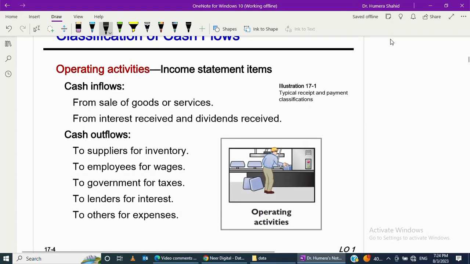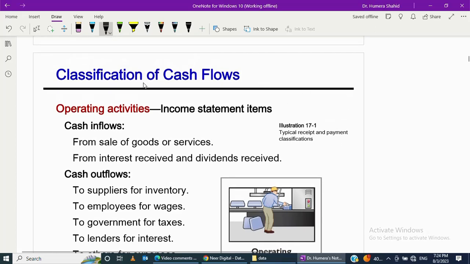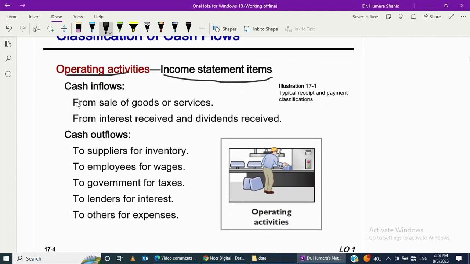So basically your classification of cash flow means how many sections of the cash flow you have. You have firstly the operating activity section. Mostly the income statement items help you, but for support you need current assets and current liabilities as well. Now let me tell you, there are two methods to prepare the cash flow statement.